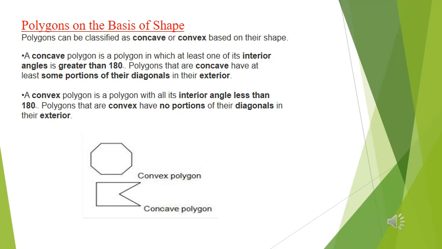Now students, there is another classification of polygons, based on shape. A polygon which has one of its interior angles greater than 180 degrees is called a concave polygon, and a polygon where each interior angle is less than 180 is called a convex polygon.